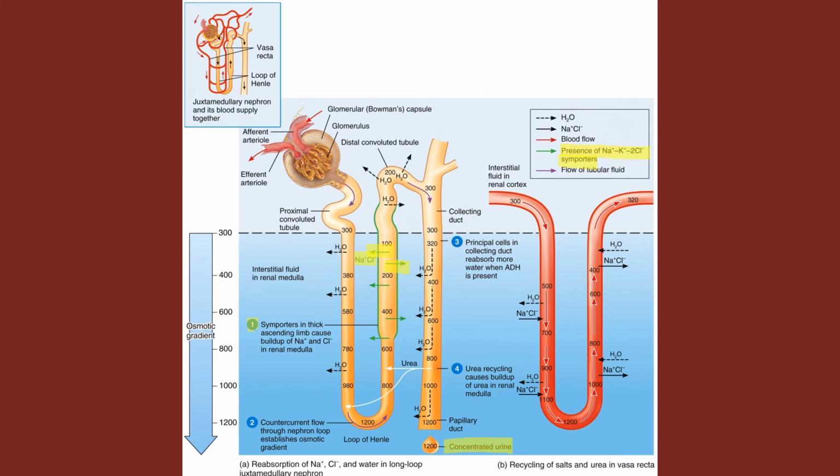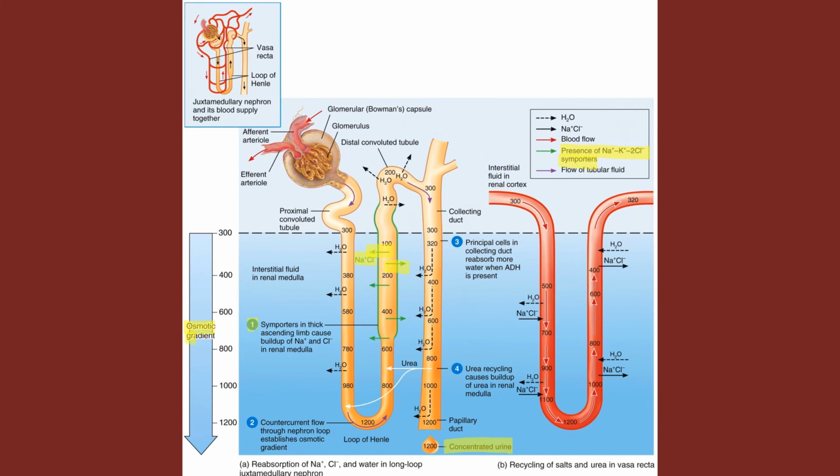At this point, the water is not reabsorbed in this segment, the thick ascending limb, because the cells here are impermeable to water. So up to this point, it's very similar to the last slide where we saw the formation of dilute urine.